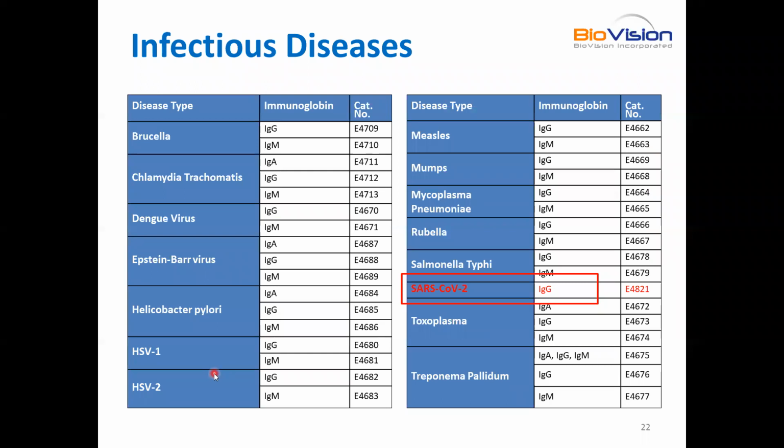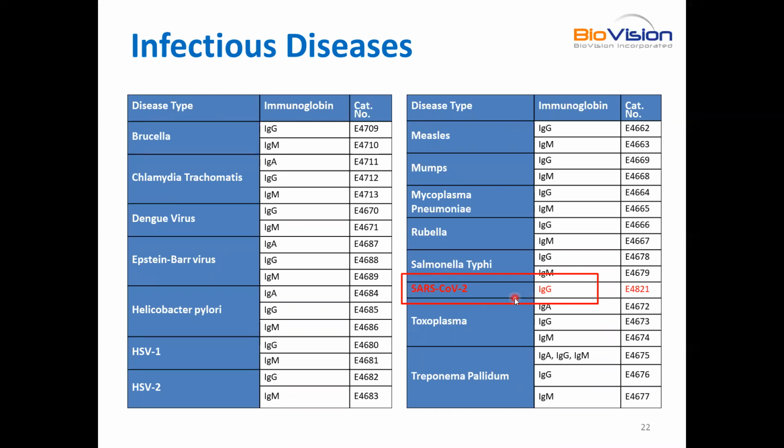One recent addition in this category is SARS-CoV-2, as we all are very familiar with and very interested nowadays in knowing about this coronavirus. We have recently launched this kit that can detect coronavirus antibodies in the biological sample.